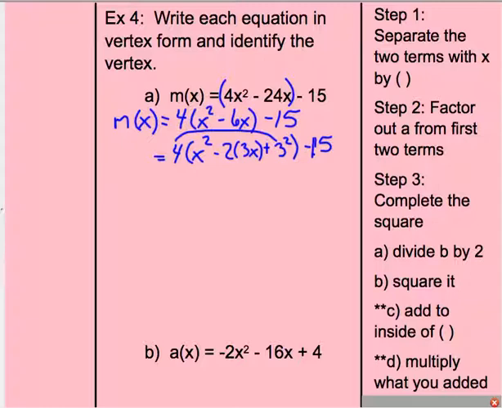So I'm not adding 9, I'm adding 9 times 4. So I'm going to subtract 9 times 4 on the outside. Factor, drop down the x minus 3 quantity squared. Simplifying on the outside, we have 51. So our vertex, remembering the opposite sign, is 3, negative 51.